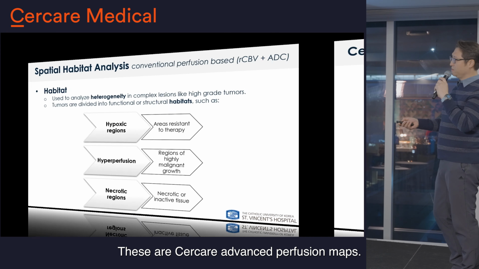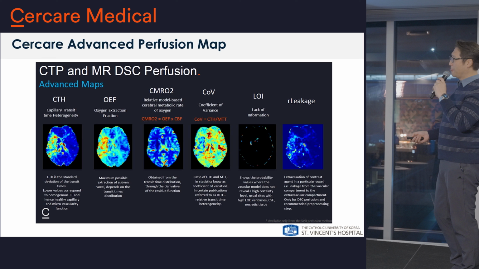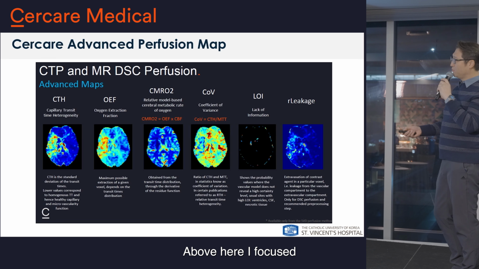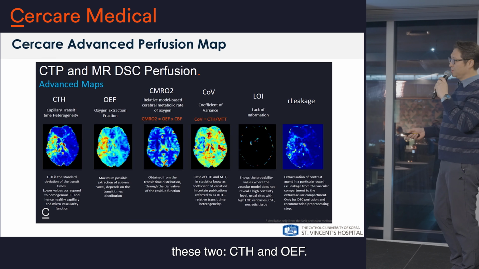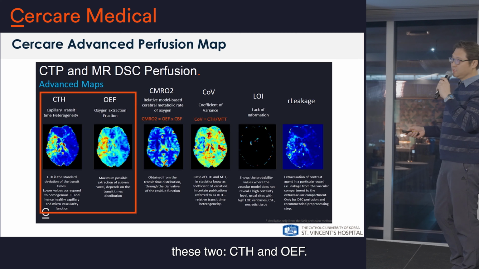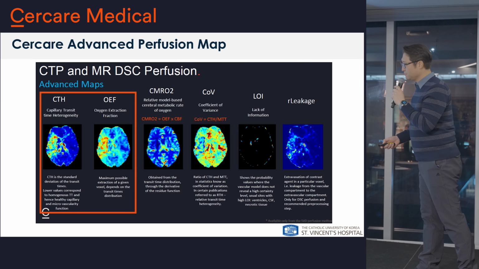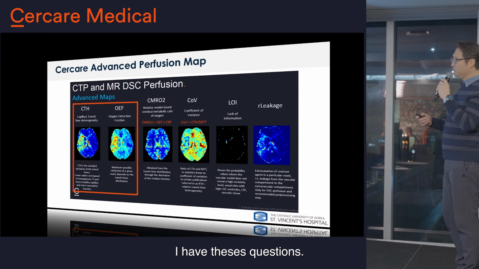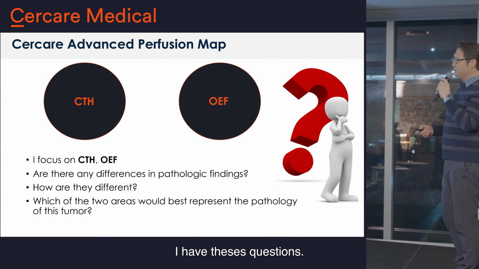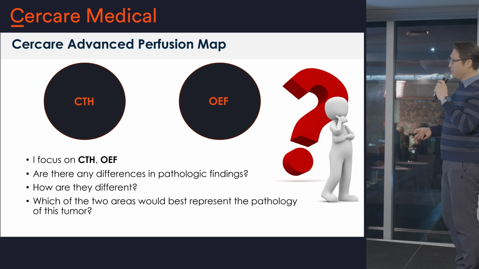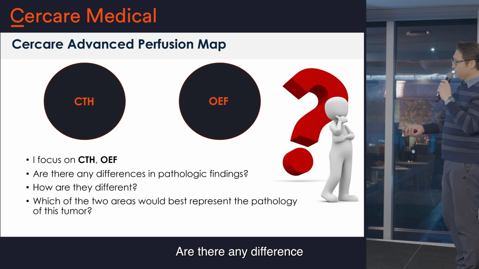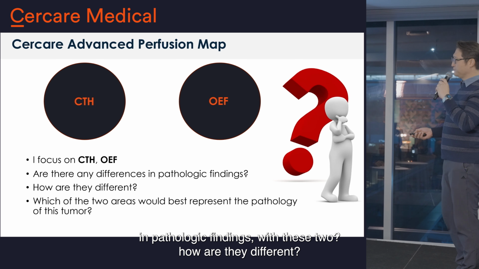These are Cercare advanced perfusion maps. Above all, I focused on these two, CTH and OEF. I have studied a question: are there any differences in pathology findings between the two?